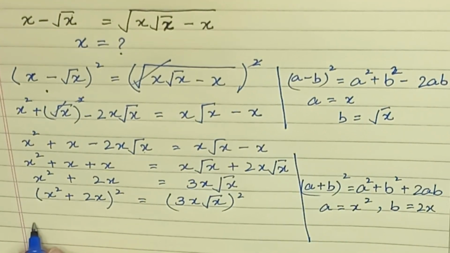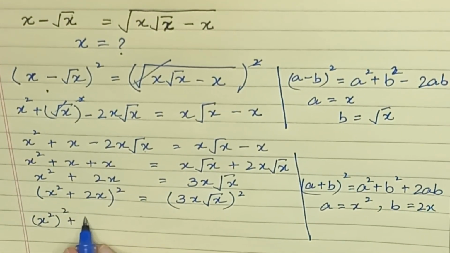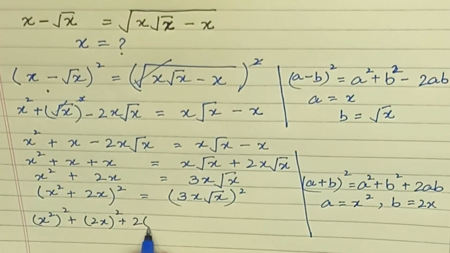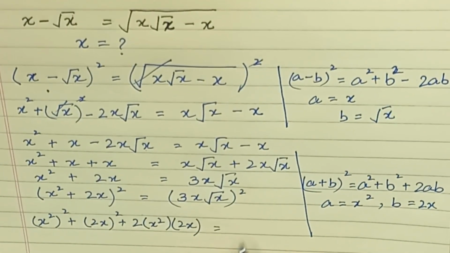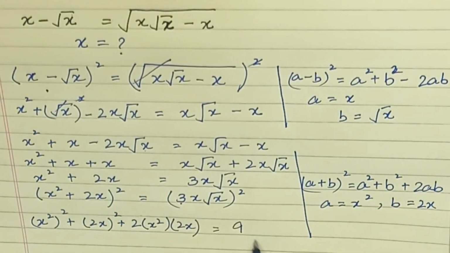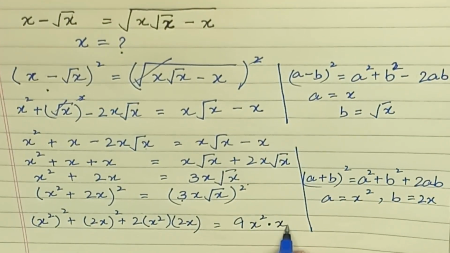So it will become a square plus b square plus 2 into a into b, and on the right side it will become 9x square, as the square and square root will be cancelled out, into x.